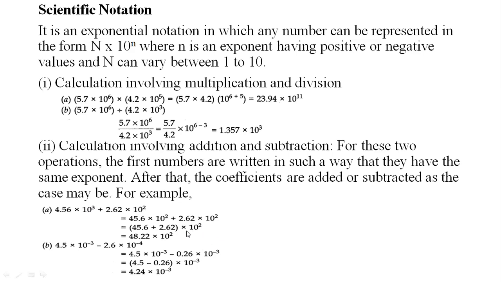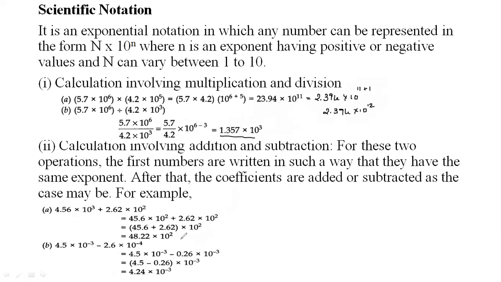Later, when you get the final answer, students, remember, try to convert it to scientific notation if it is not there. See, this is already present in scientific notation. I need not worry. This is not present in scientific notation. What I need to do? 2.394 into 10 raised to 11 is already there. I am shifting the decimal point to the left, so +1. So it is 2.394 into 10 raised to 12.